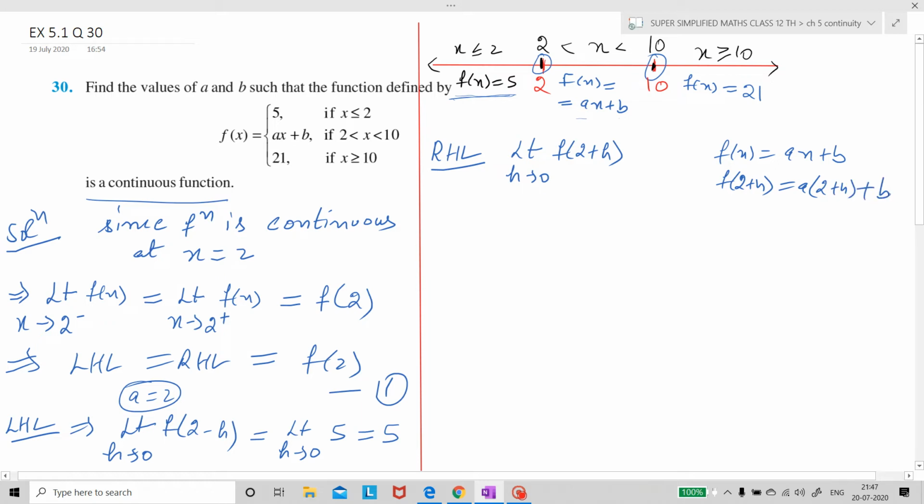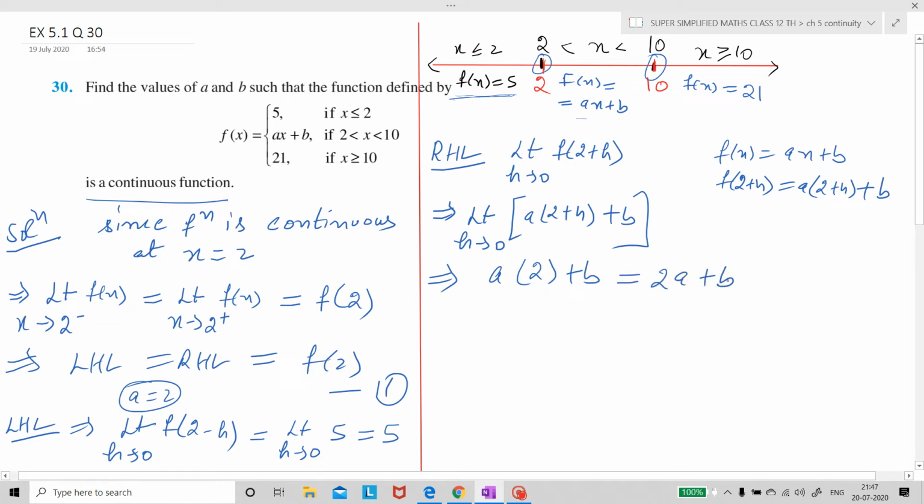So we substitute this value and we get the limit as h tends to 0 of a times (2 plus h) plus b. Now we put h equal to 0. So we get a into (2 plus 0) plus b, which comes out to be 2a plus b.